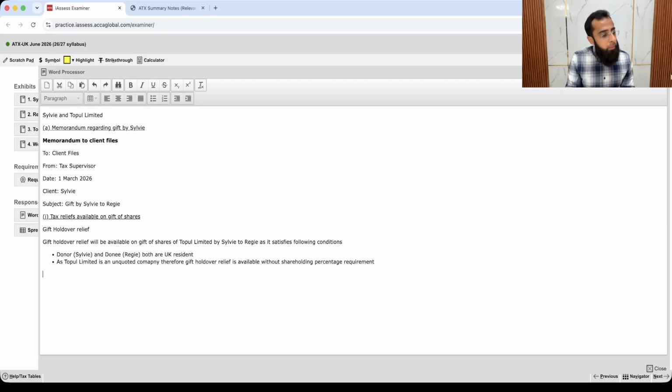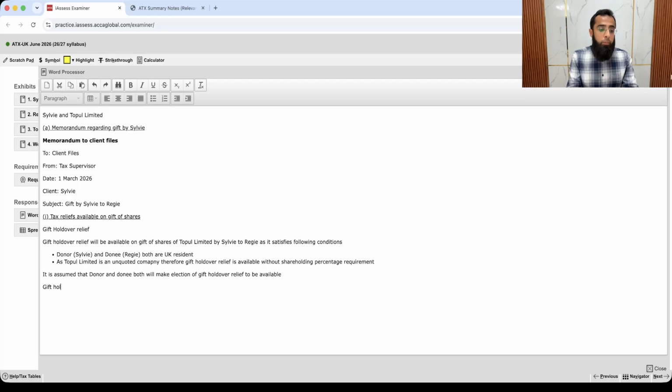That's very much simple because the question stated it. Okay. It is assumed that donor and donee both will make election of gift holdover relief to be available. Because the question said why it is available, what assumption you are making, and what is the restriction.